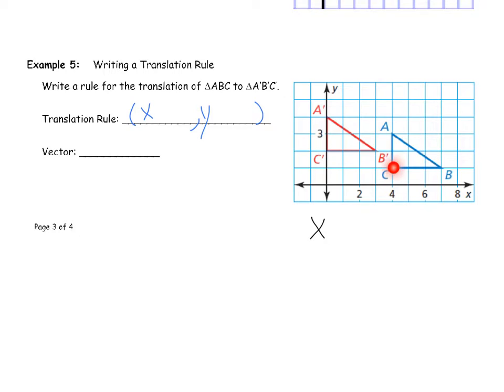So let's say I'm looking at point C. I can clearly see that it moves to the left 1, 2, 3, 4 units. And then I can see that the y value moves up 1 unit. So based on that, x goes left 4, which is a minus 4, and y goes up 1, which is a plus 1. So if I were to write that in my vector form, it would be negative 4, 1.